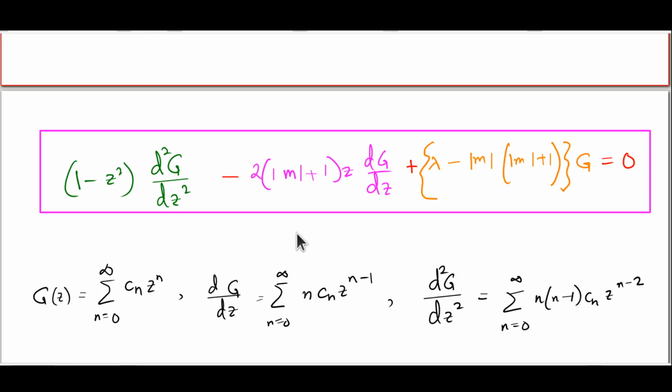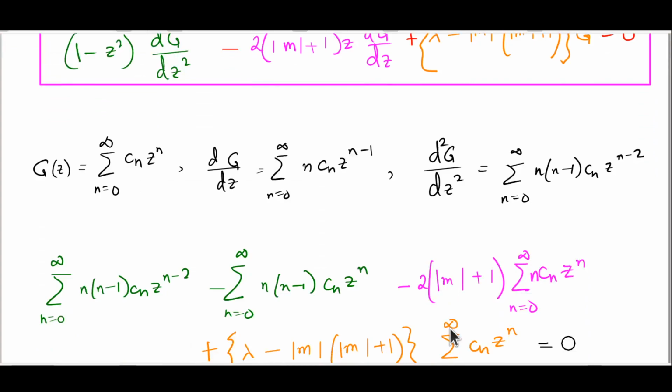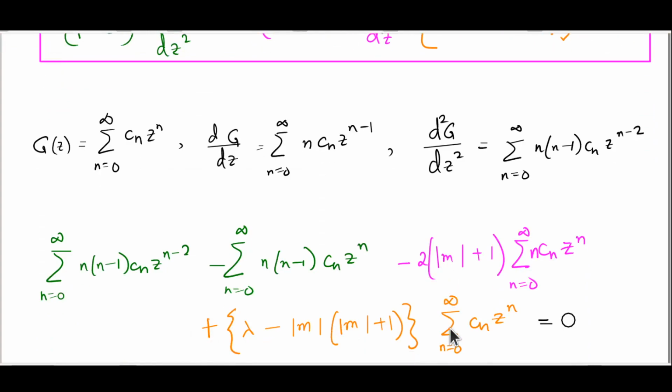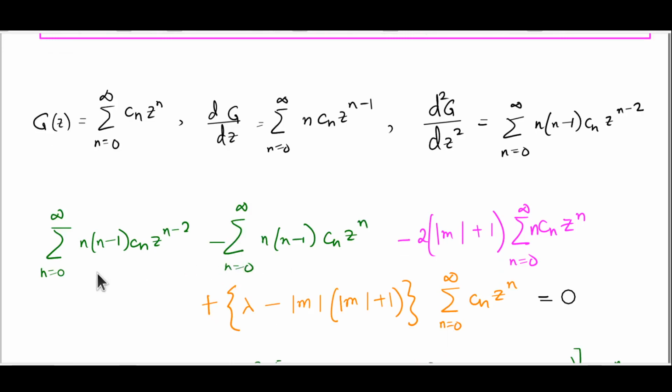We will use the standard steps of replacing g(z) by the power series, sum over n going from 0 to infinity Cn z to the n, get dg/dz and d2g/dz2 by differentiating term by term, and then substituting these into the equation. And if I do that, I'll get this piece from the 1 minus z squared times d2g/dz2, and n into n minus 1 Cn z to the n minus 2 is simply d2g/dz2, and this is what you get when you multiply that by z square.